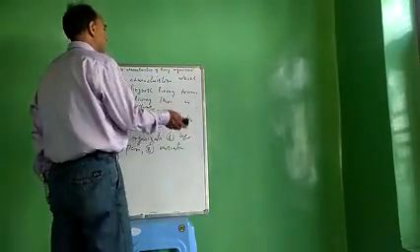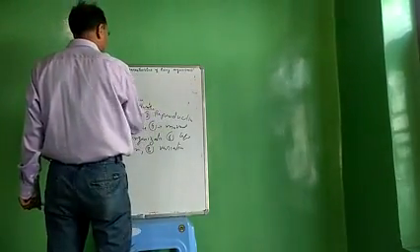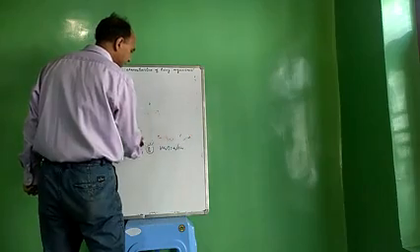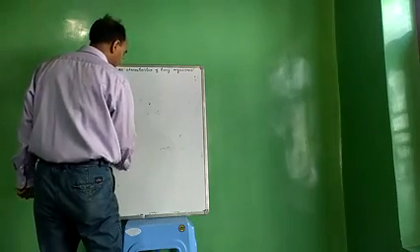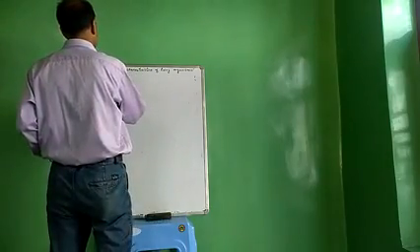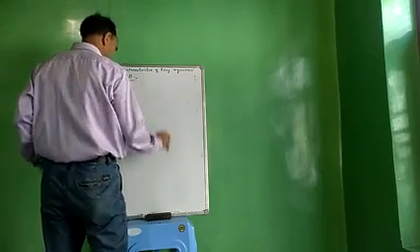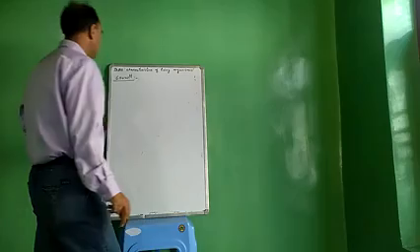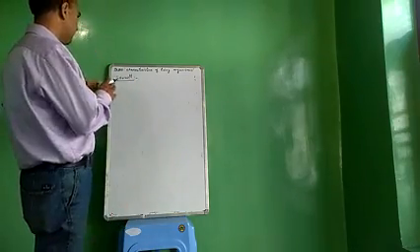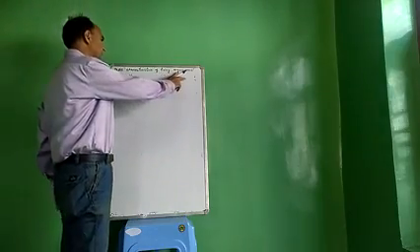We will describe one by one the characteristics of the living things which distinguish them from the non-living things. First is the growth. If we distinguish living and non-living things, living things can grow, non-living things cannot grow.